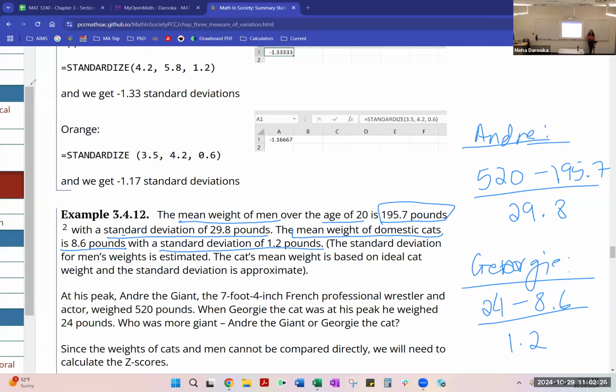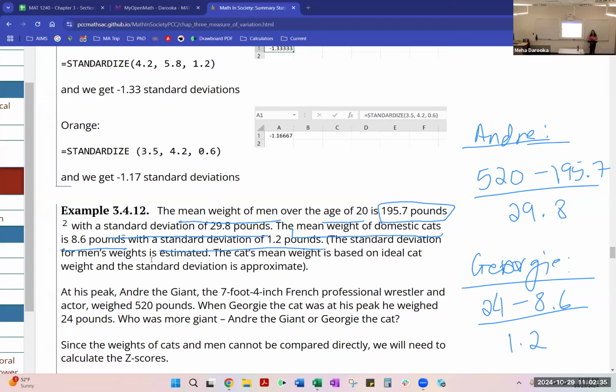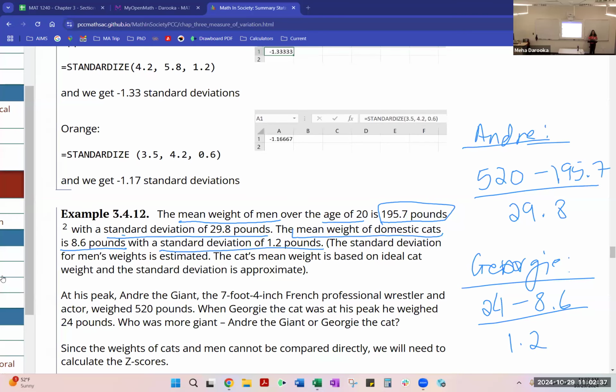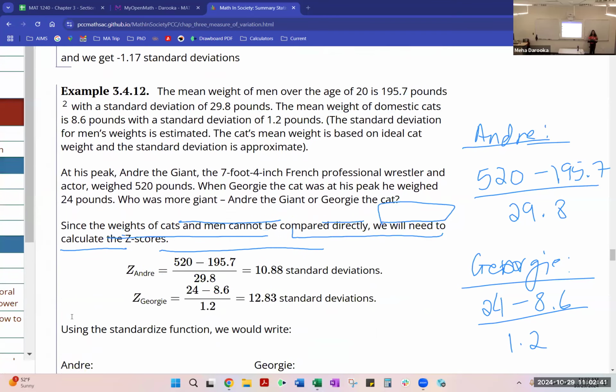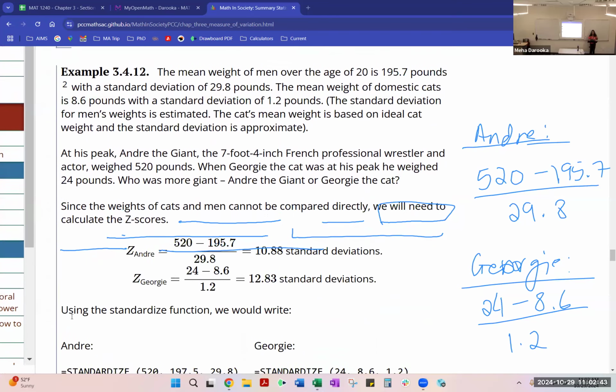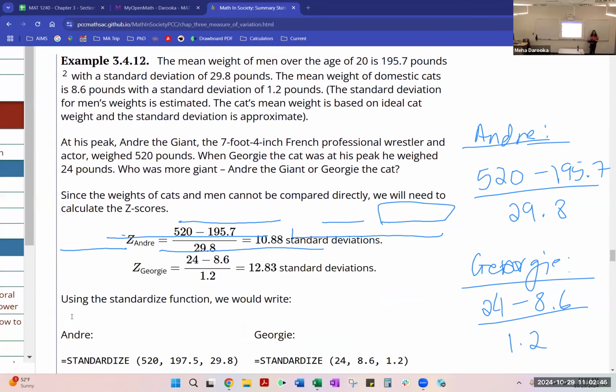So there's a pretty big difference in the weights of these unusual representations of their individual category. So look at their z-scores. You can do it by hand or you can use technology. Either way, the z-score comes out to be 10.88 for Andre and 12.83 for Georgie the cat.